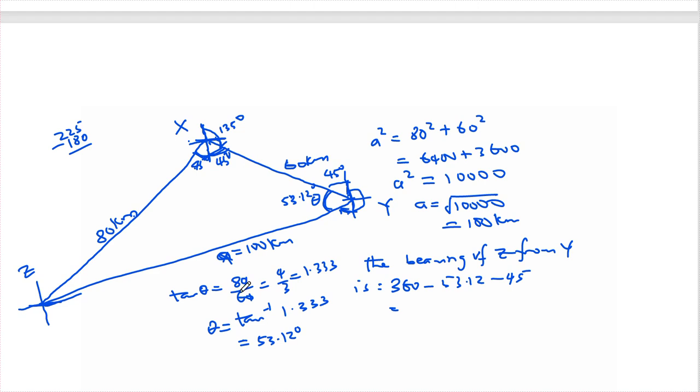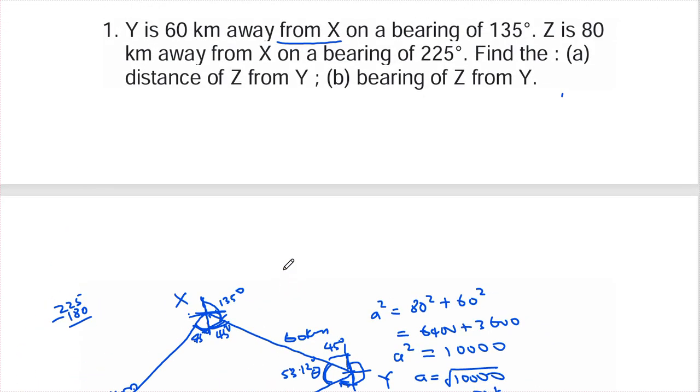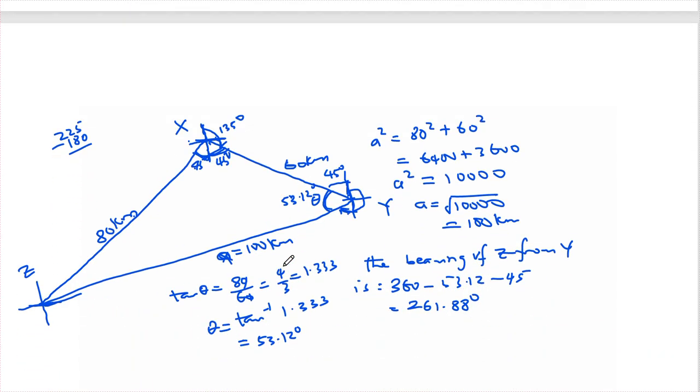So I'm going to calculate this. 360 minus 53.12, then minus 45. That is giving me 261.88 degrees. Let's see if there is any instruction.